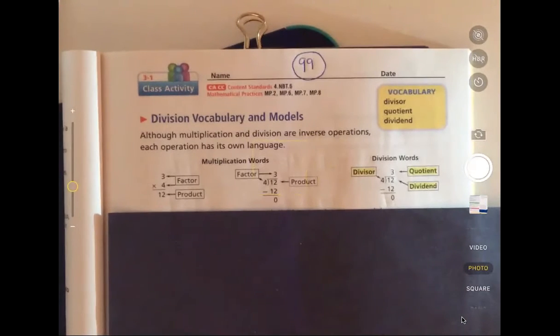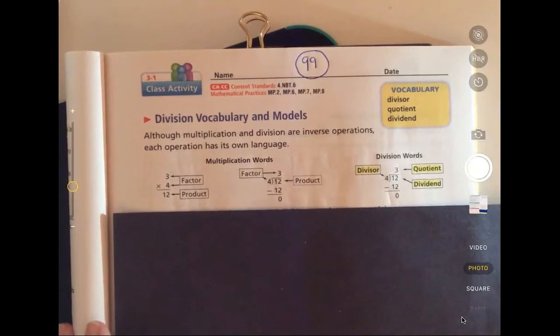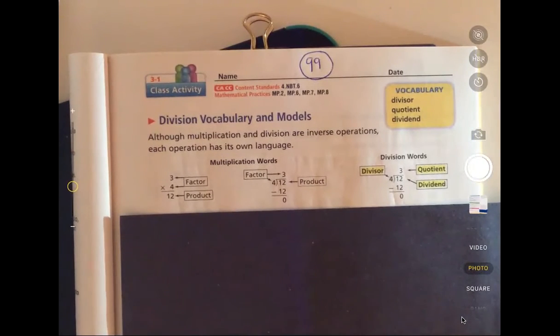And this whole page, there is no work for you to do on it, but it's just a really great resource. And it's got great vocabulary and reminders of how division is the inverse of multiplication, meaning it's the opposite. We've been saying this for so long together. So I hope this will start to come together and make sense, and let's do it.